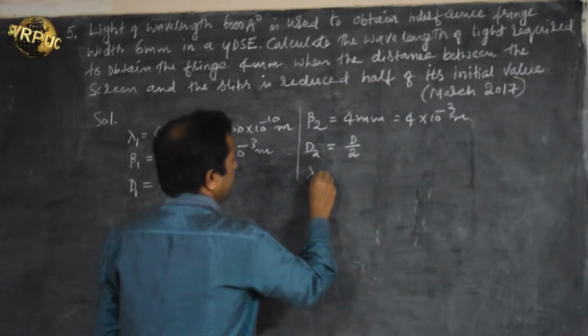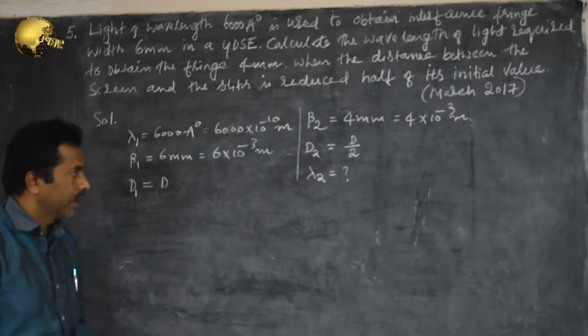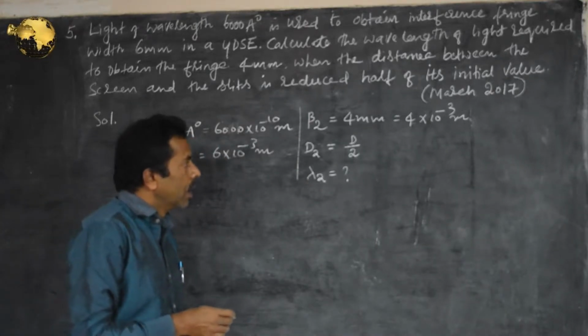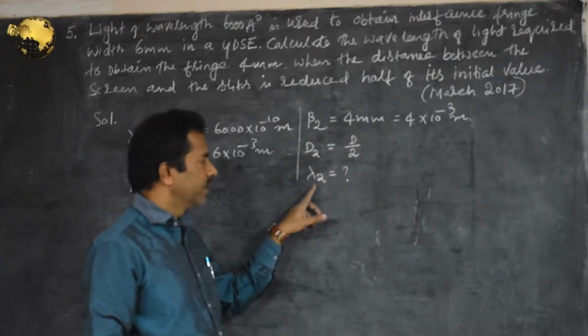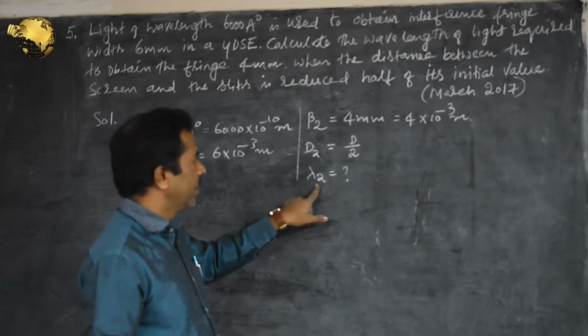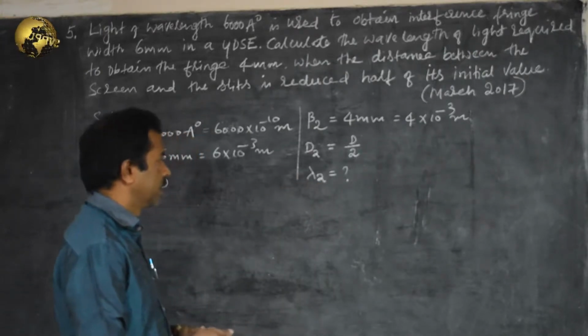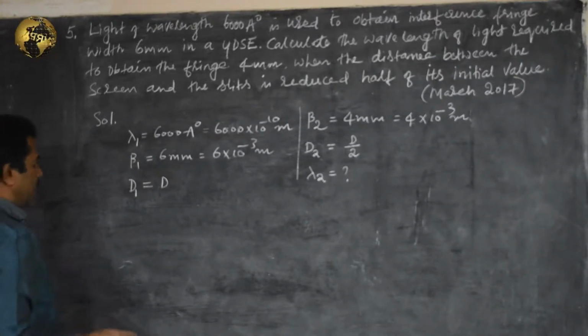Here you have to calculate lambda 2. So lambda 2 is the question mark. To get the fringe width of 4 millimeter, what should be the wavelength of light used in the second case? That is lambda 2.